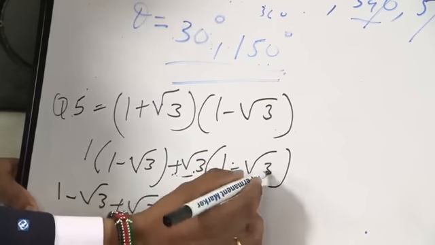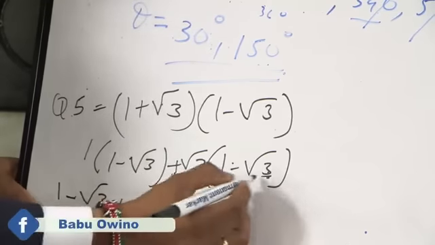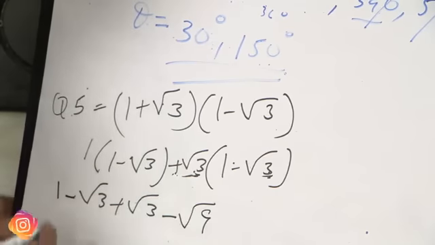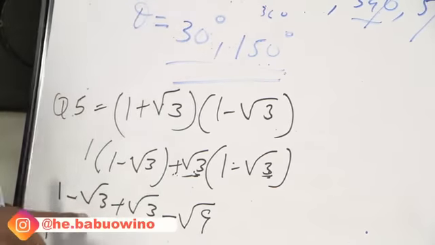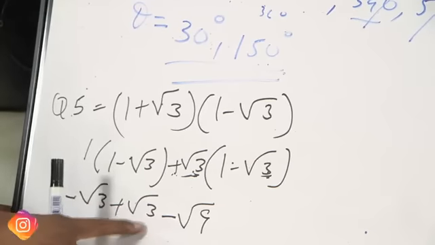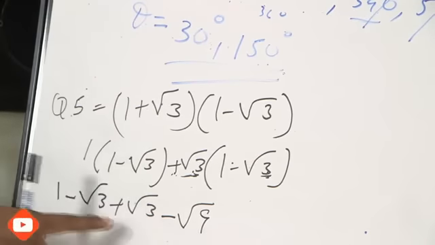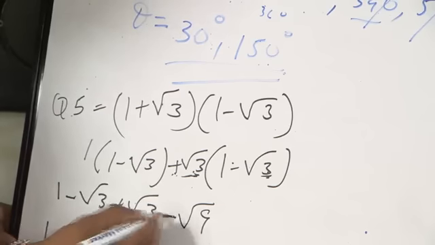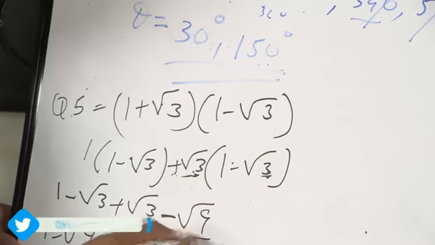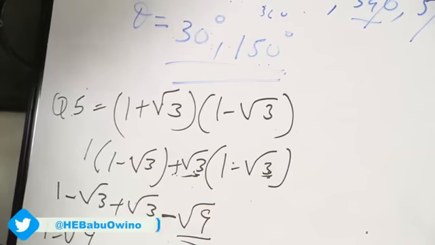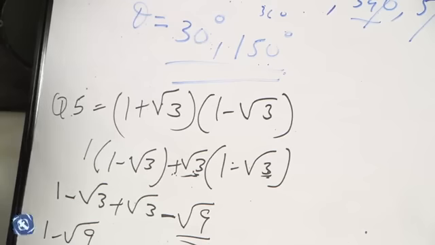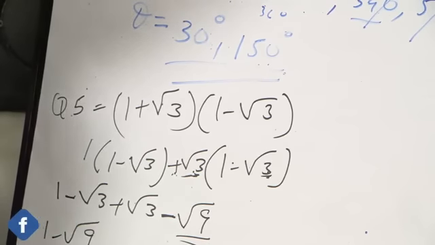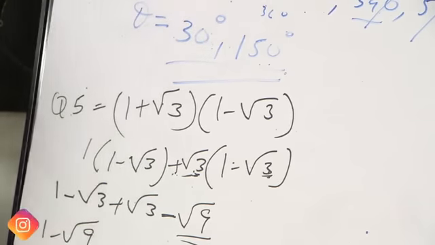Root 3 times root 3, just multiply what's inside the roots, that is root 9. So 1 minus root 3 plus root 3 is 0, which leaves 1 minus root 9. Root 9 is 3, so you get 1 minus 3, which is minus 2.